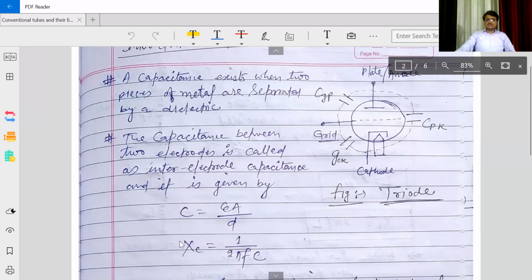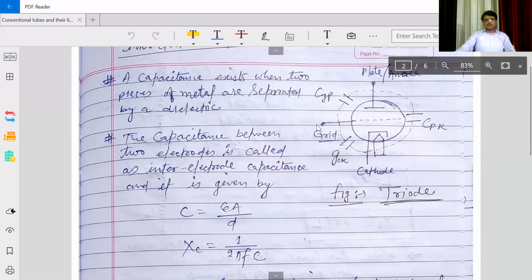How much impedance is offered due to this capacitance? Xc is equal to 1 upon 2 pi F C. C is fixed because the area of the electrode, that is the soldering, is fixed.